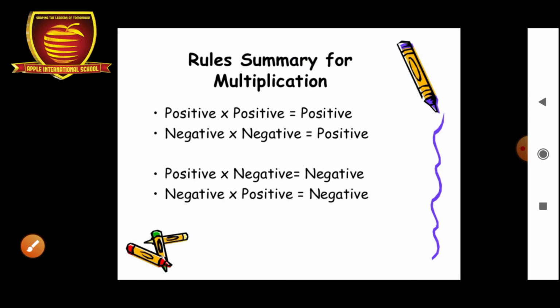Here is the rule summary for multiplication: positive into positive is positive, and negative into negative is positive. Positive into negative is always negative, and negative into positive is always negative.